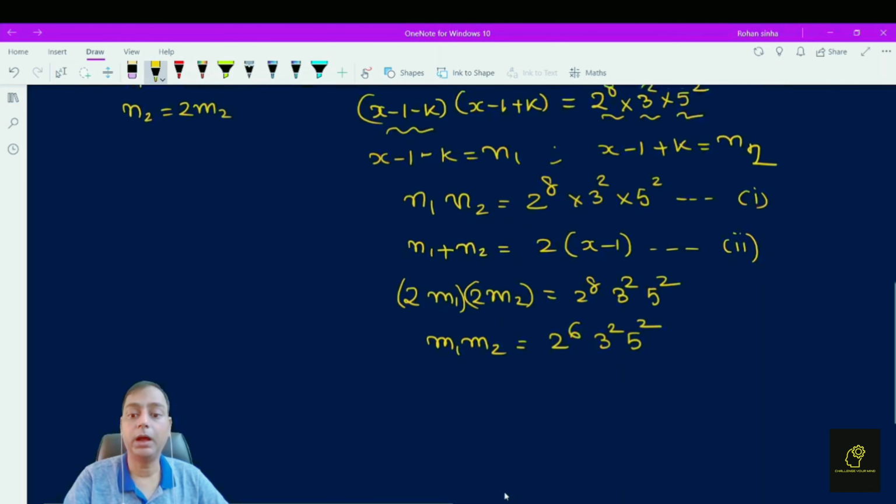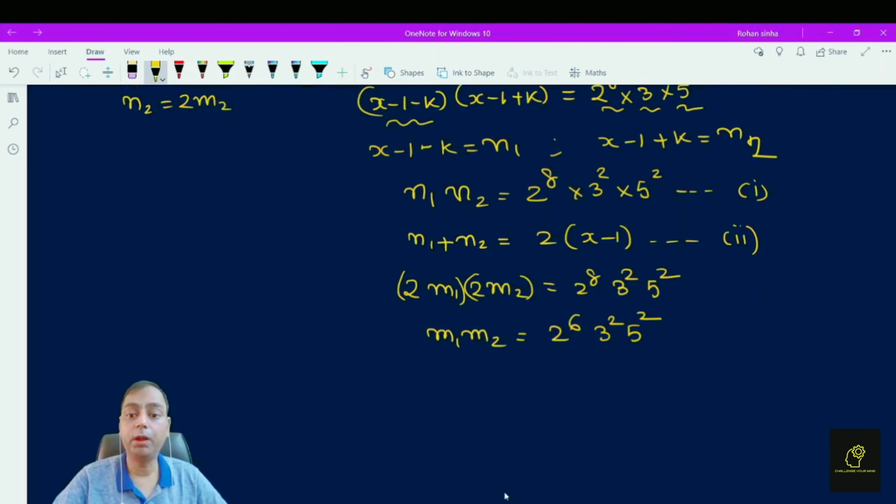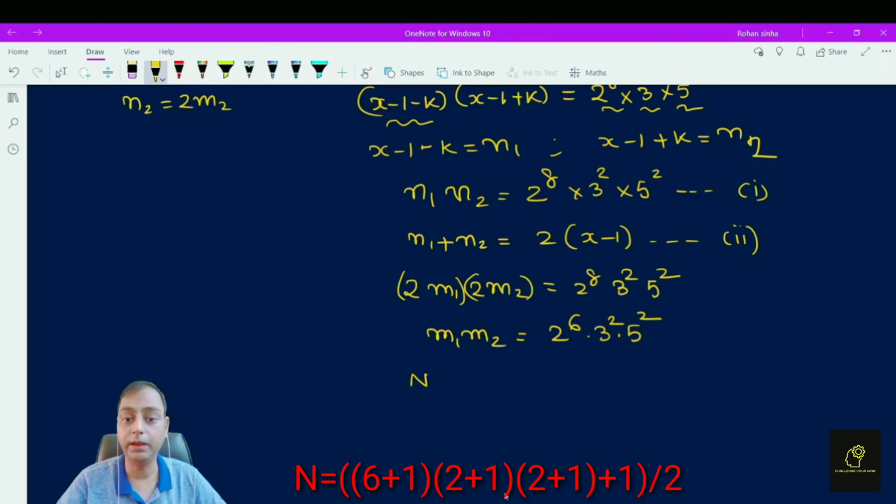Now we need to divide 2 raised to 6 into 3 square into 5 square into two different groups. So how many ways is it possible? If n is the number of possible cases, n is simply 7 into 3 plus 1 divided by 2. So this is 32 only.